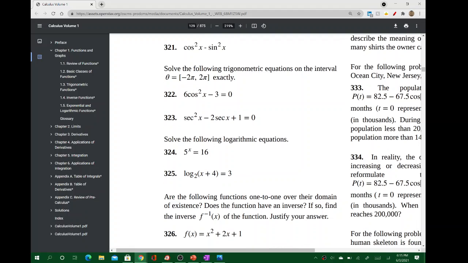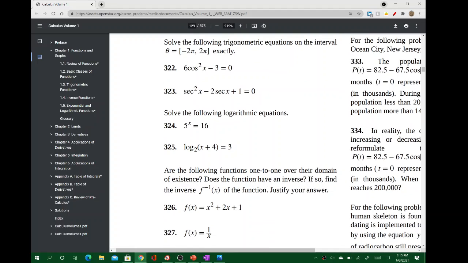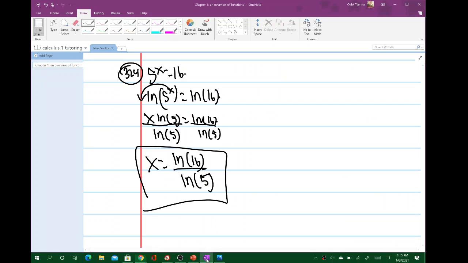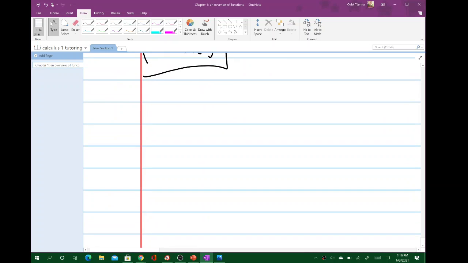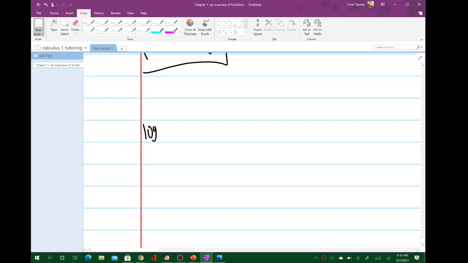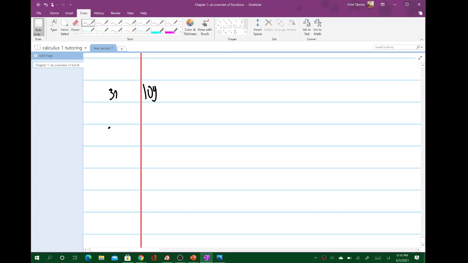Okay, and then we have log base 2 of x plus 4 equals 3. Number 325. Log base 2 of x plus 4 equals 3. Okay, hold on.